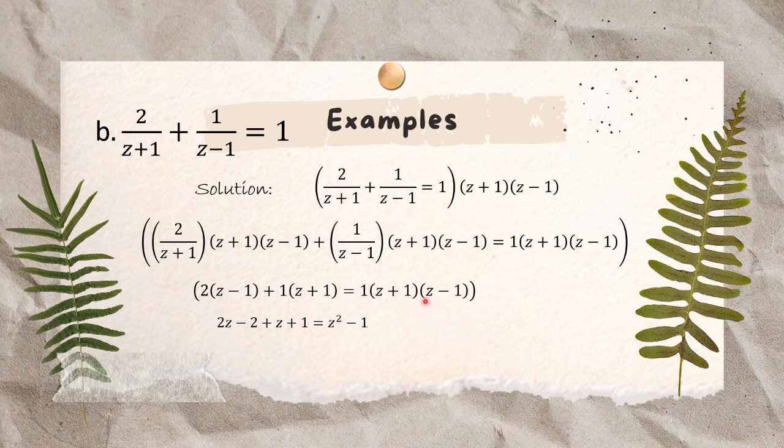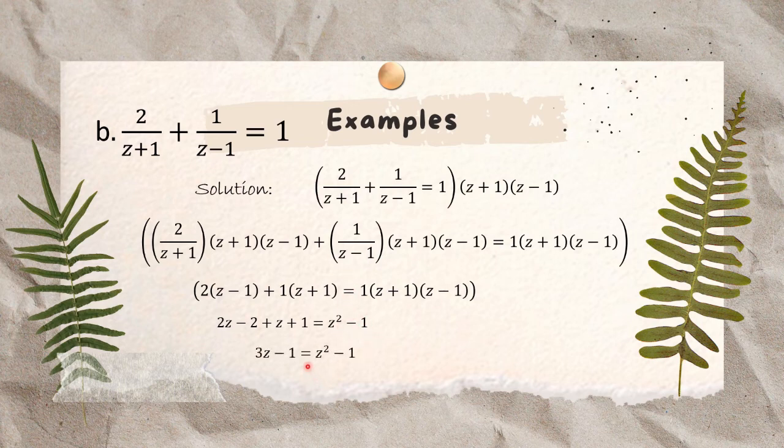Since our LCD is the sum and difference of binomials, the product of this is the difference of squares. We have z times z is z squared, 1 times 1 is 1. And since it is a sum and difference, the sign is minus, following the difference of two squares.